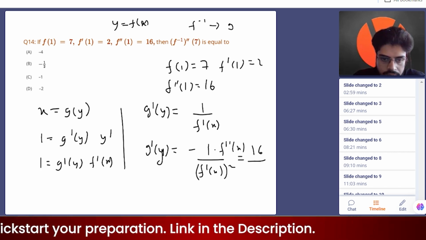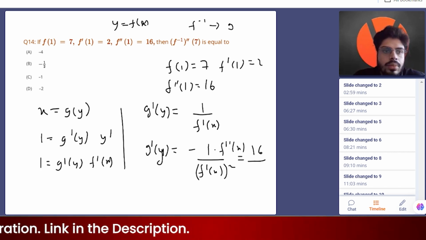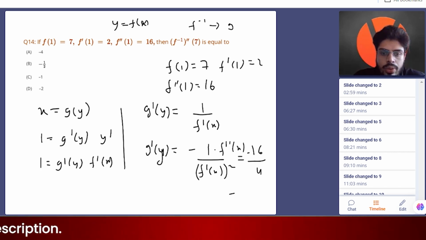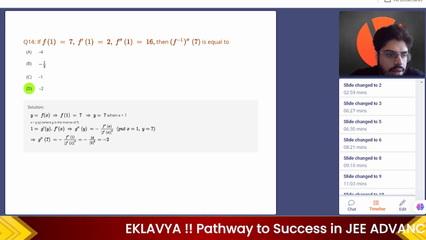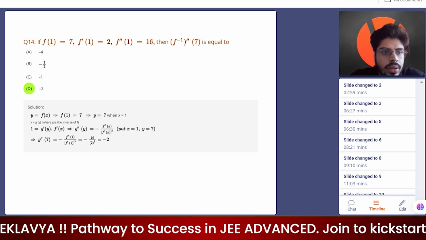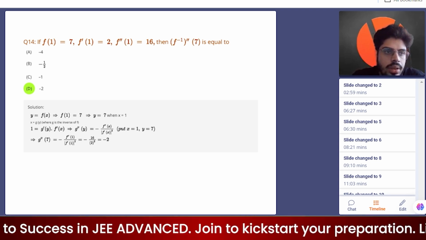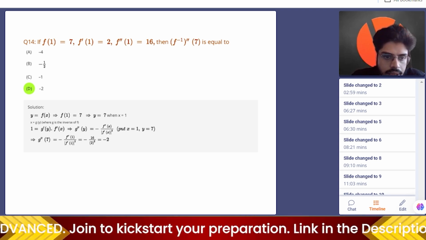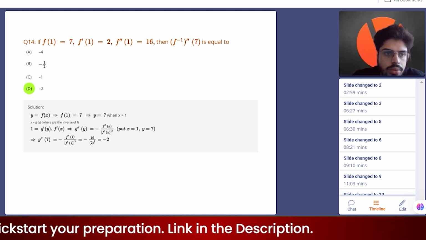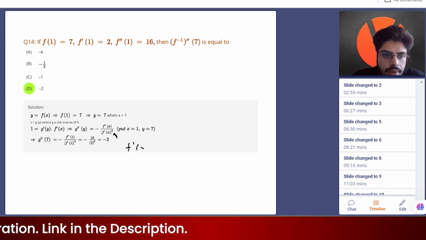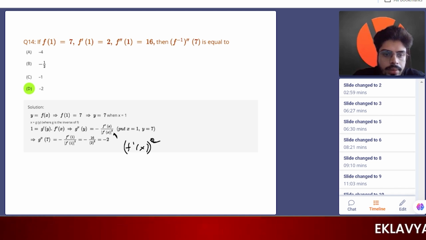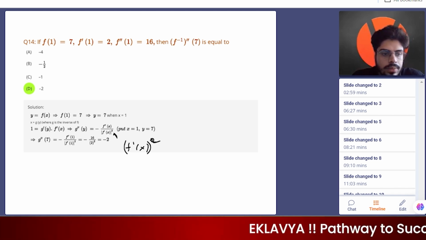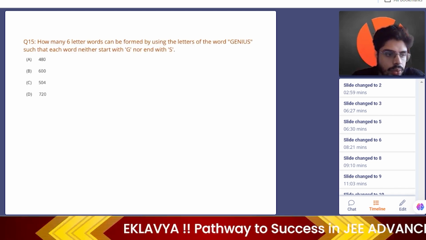The minus sign will come, 1 minus 16 upon 2 square, which is 4, so minus 16 by 4 will be minus 4. So answer will be minus 4. Here I think the answer is given as minus 2, but no, the answer will be minus 4, because here they have done cube, so it will be square, f dash x square.